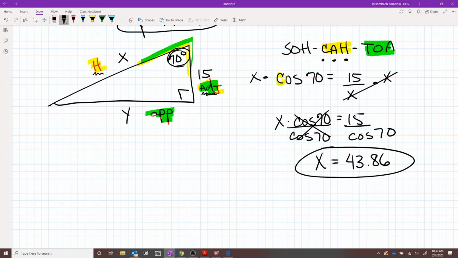So when you write that equation, now it's tan 70 equals the length of the opposite side, which is y, divided by the length of the adjacent side, which is 15.